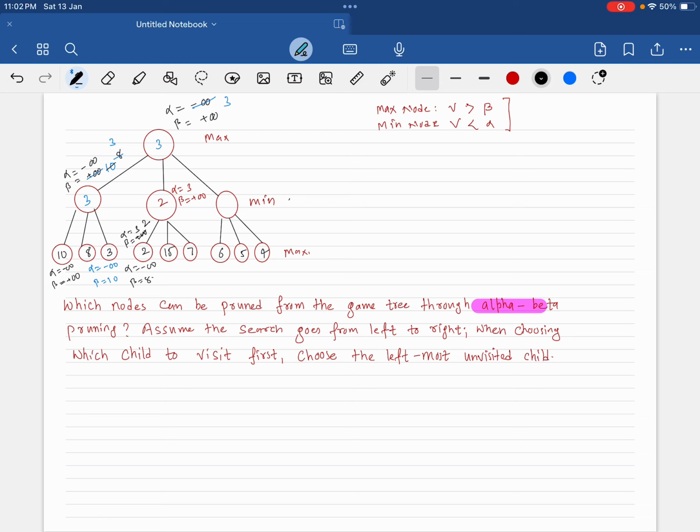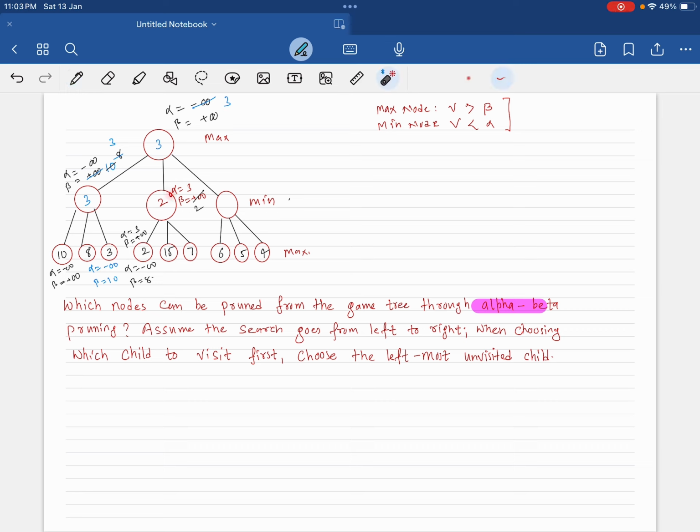Now again we will check, according to our condition, whether we want to further explore it or prune it. This is a min node, right? Here I forgot to update the value of beta, so that will be 2. Okay, I updated it here. So this will get updated to 2, right?